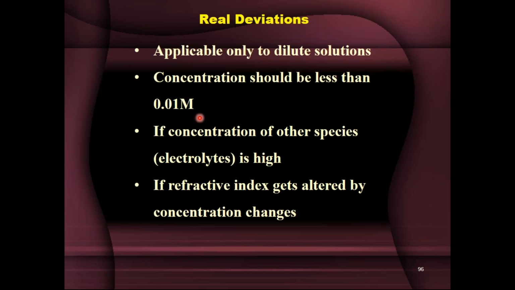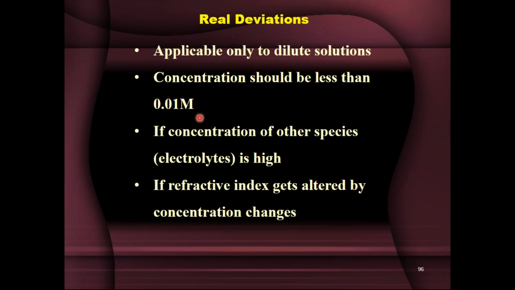But the sample solution has been prepared using other reagents, particularly electrolytes, in a high concentration. The sample concentration is low, but the concentration of other electrolytes is high. That means there are a lot of other ions other than your sample in solution. In this case also, you will get a deviation.